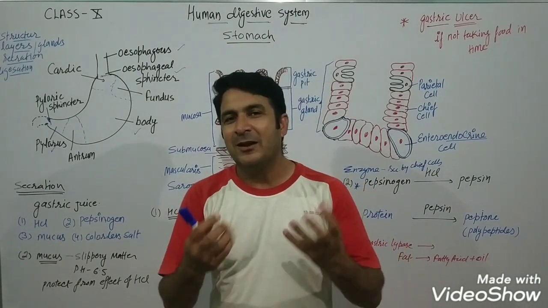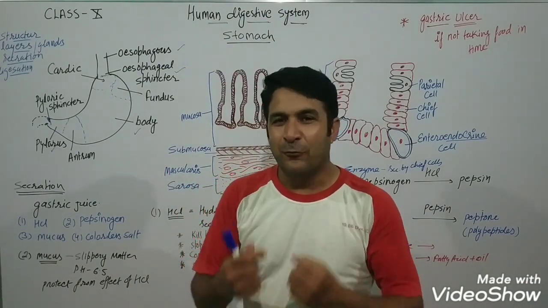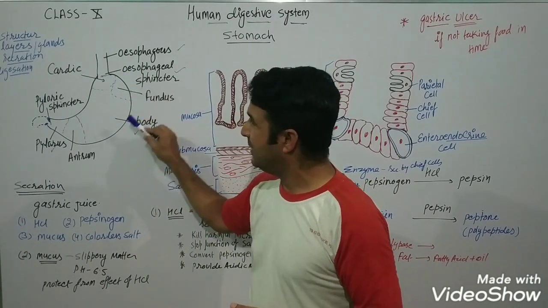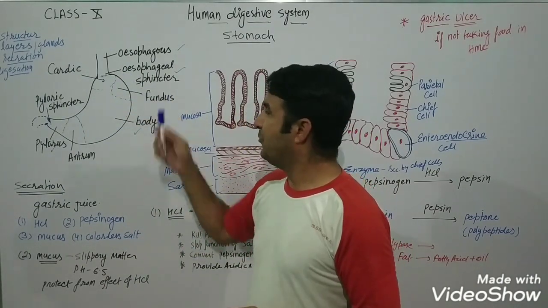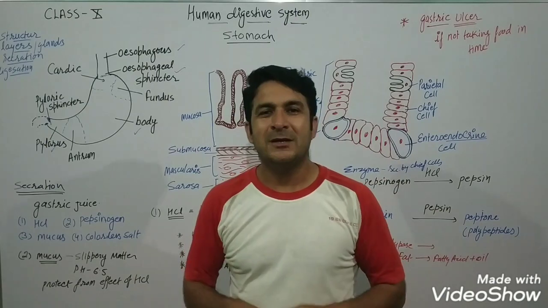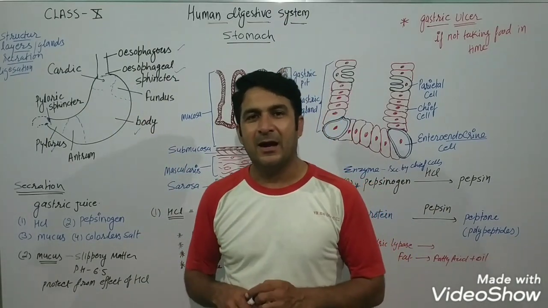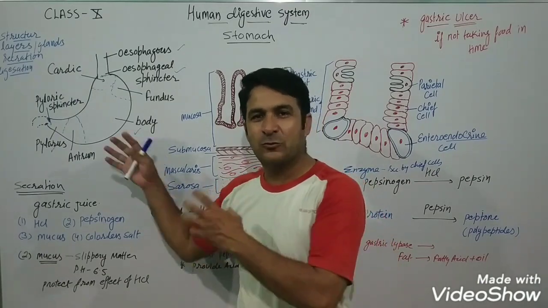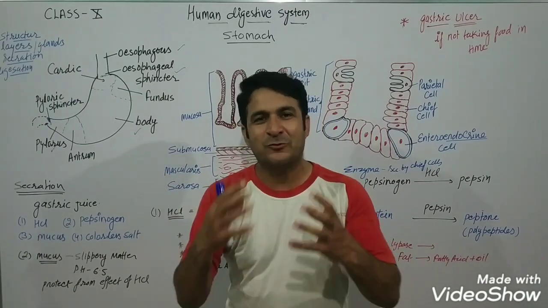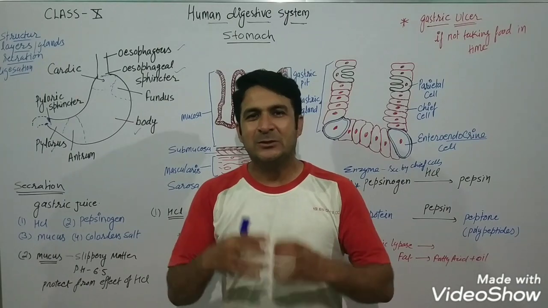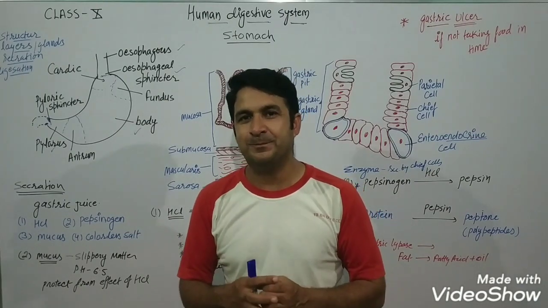The cardiac area will receive the food and send it into the body area. Fundus will secrete all the gastric juices into it, and the body area will help. The body area is a muscular area. It will help to make the food into chyme.